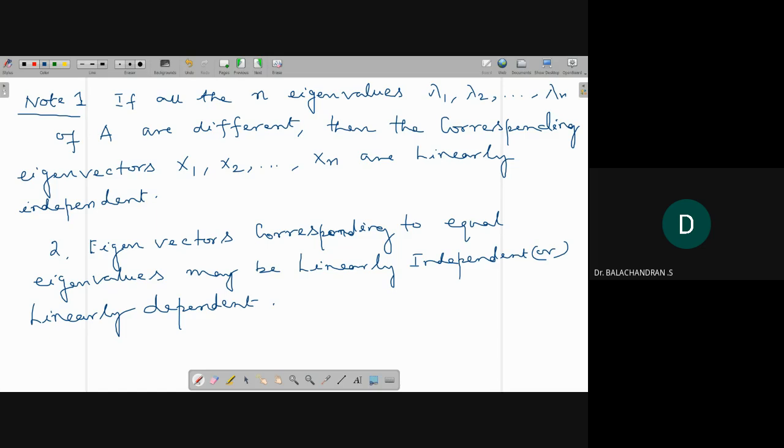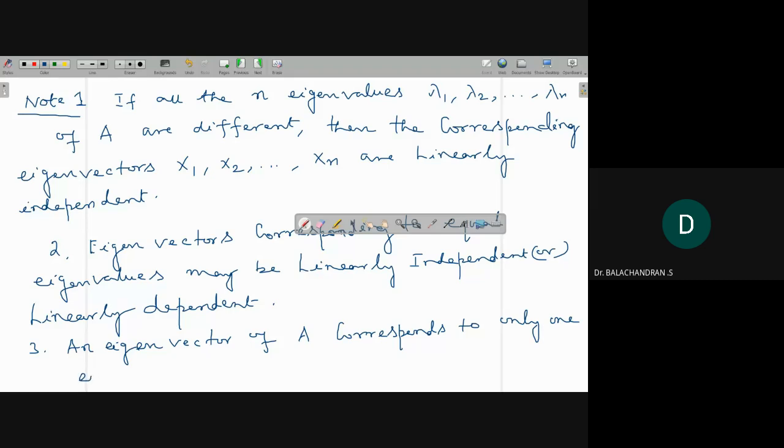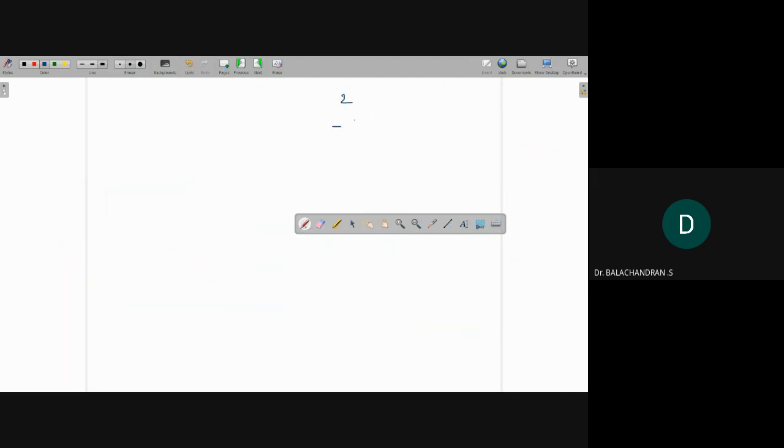Note number 3: an eigenvector of capital A corresponds to only one eigenvalue of A. Suppose you have 2, minus 1, 4.